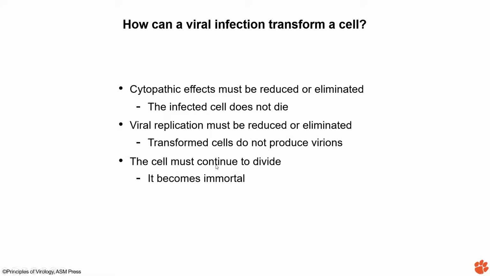And the cells must continue to divide, and it becomes immortal. Sometimes the cell can sense that there is viral replication and tries to undergo apoptosis, or programmed cell death, but in this case, the cell cannot die. It cannot do programmed cell death, so the apoptotic signals are completely blocked, and these are the cells which become immortal.